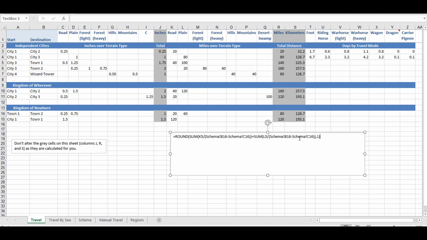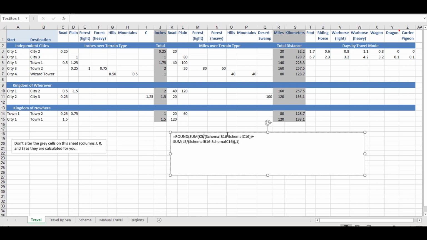At first glance, this is pretty ugly, but let's break it down. I'm going to add some line breaks here. The first part of this is what we were just looking at. We're looking at K5. Why K5? Well, because we have a value in the K column and we are now on row 5. So that's pretty simple. And again, this is the formula for the foot column.